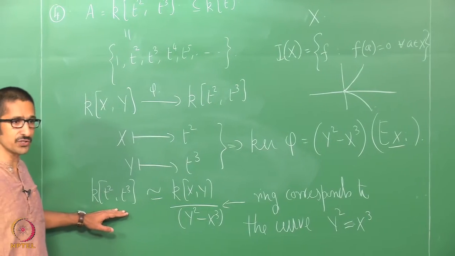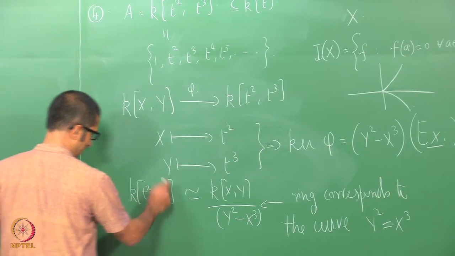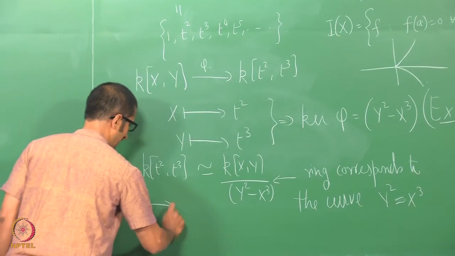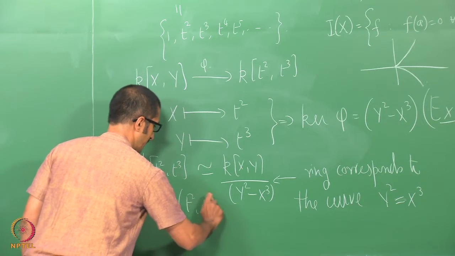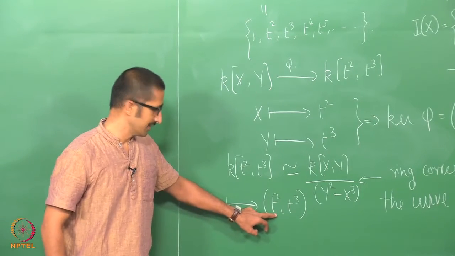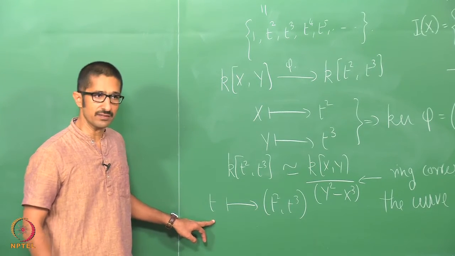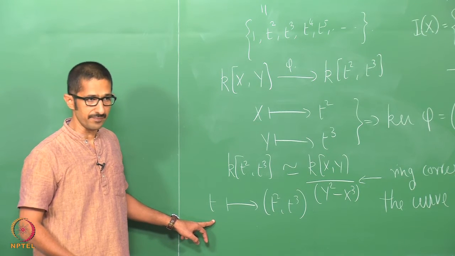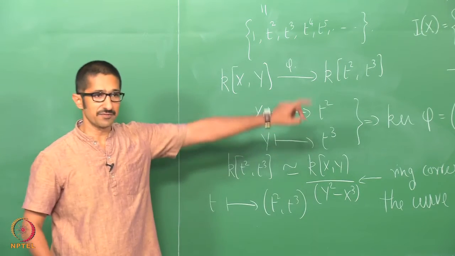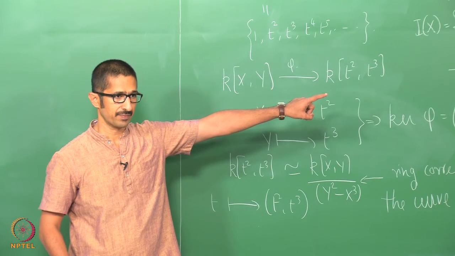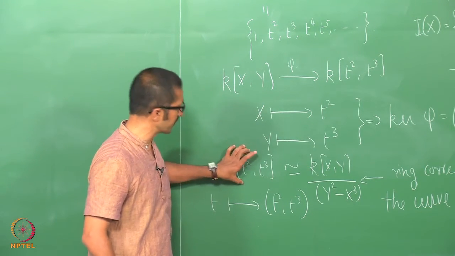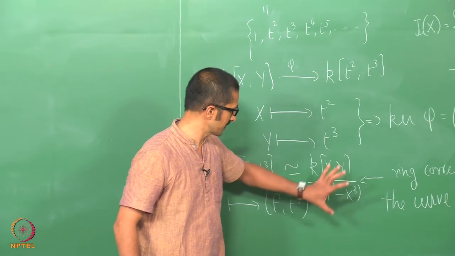See, this ring corresponds to, another way to look at this is that the curve can be parameterized by (t square, t cube), right. The curve is nothing but (t square, t cube), where t varies over R. So, therefore, this is a parameterization for the curve, right. So, this is the ring corresponding to the curve.